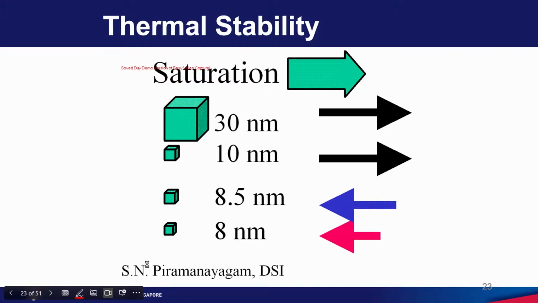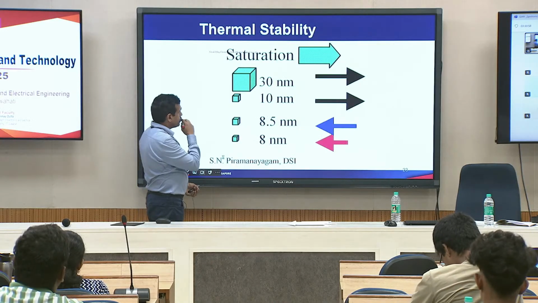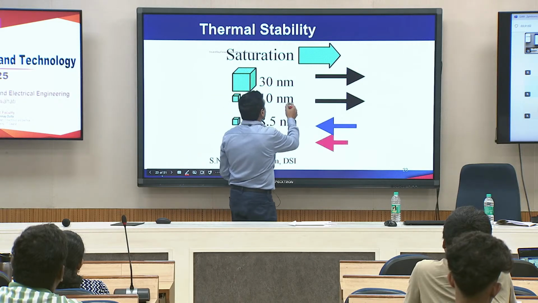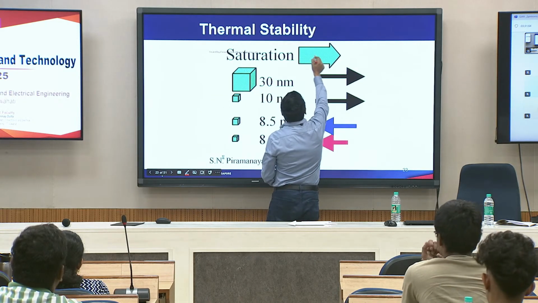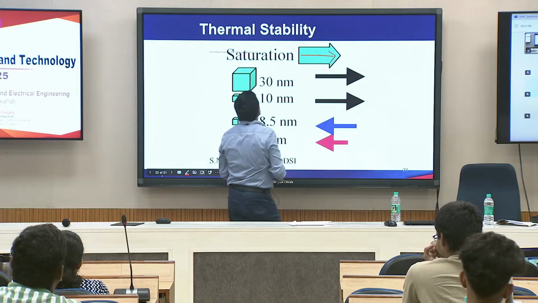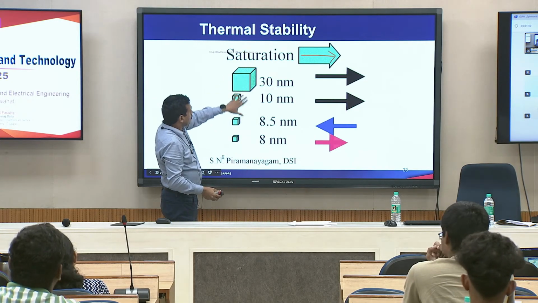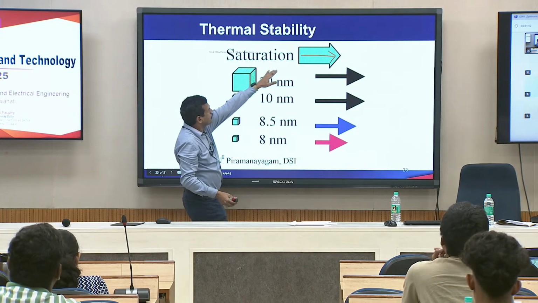In this case, this is a cartoon image, not a simulation. I am just using a cartoon illustration of what happens to the magnetization. I apply a magnetic field along this direction and saturate the magnetization of these materials along this direction.